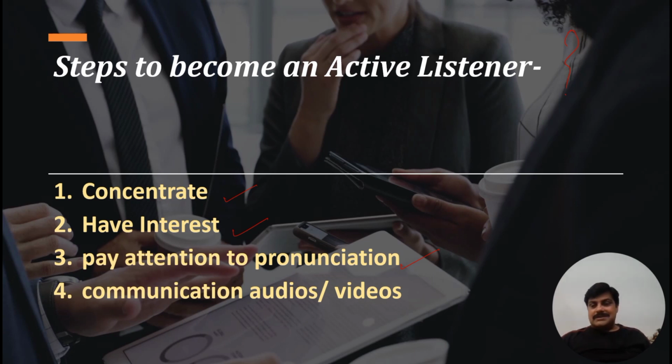Some people don't understand the things and they lose their interest because they don't understand the accent of the person. So pronunciation becomes very important, and for that, one has to pay attention to the pronunciation, the voice modulation, and the mouth mechanism of the speaker, what he is speaking. So that is an important thing.